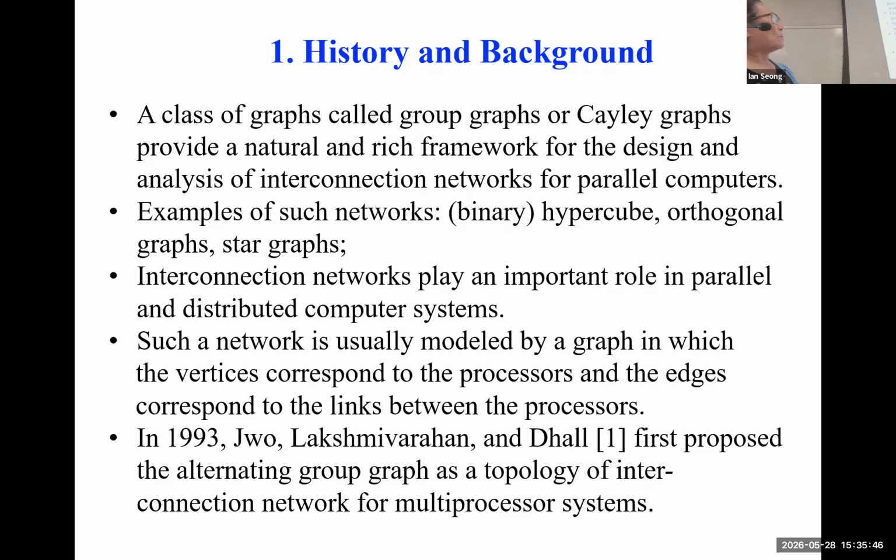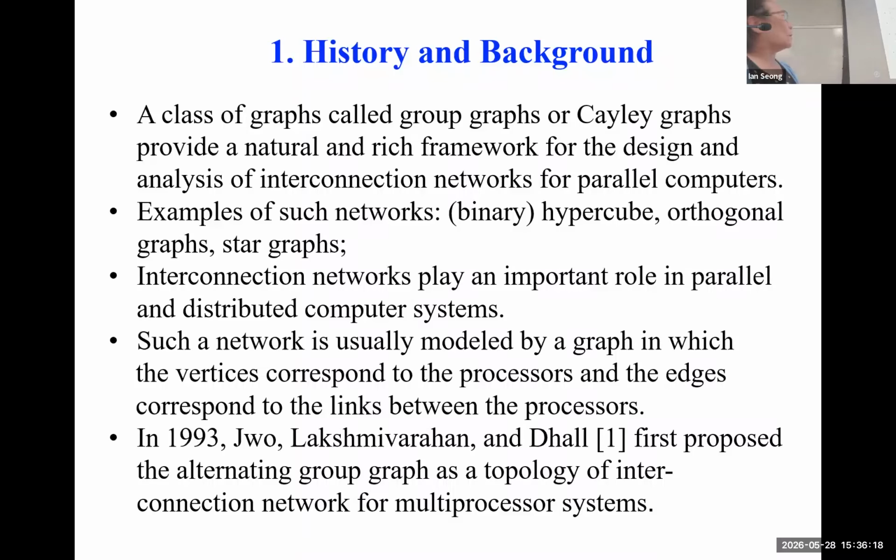And in computer science, there are some popular types of these networks. One of them is called a hypercube, especially the binary hypercube, and also orthogonal graphs and star graphs. We all know star graphs, and they belong to this type of network. Also, these interconnection networks play an important role in parallel distributed computer systems, as I mentioned, with the processors.